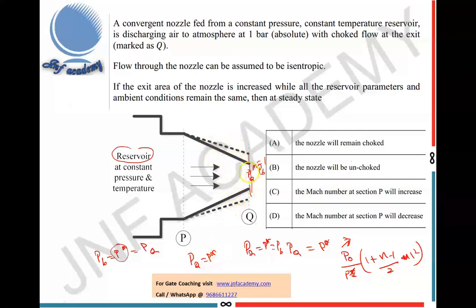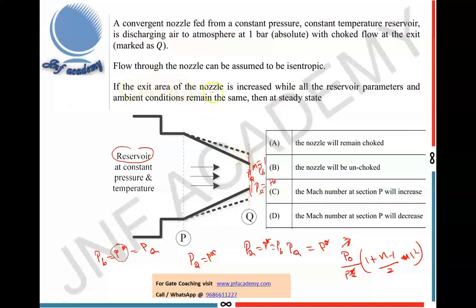not so much will happen. Here, since that part of the information is not given in the question, what I'm assuming is the exit pressure is equal to critical pressure even after the area has increased.